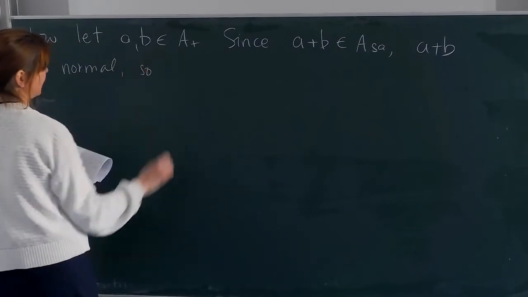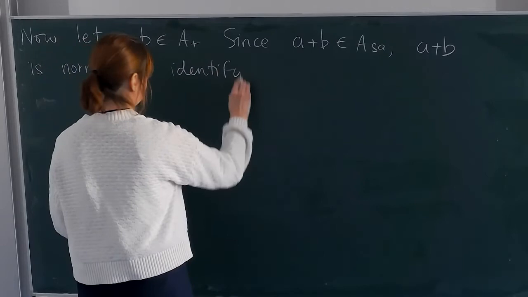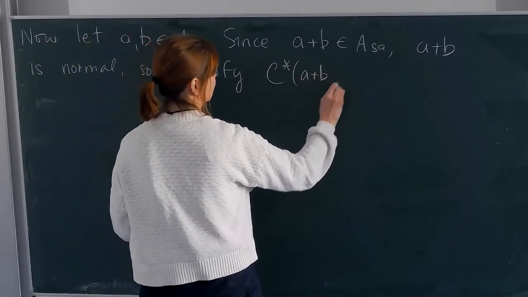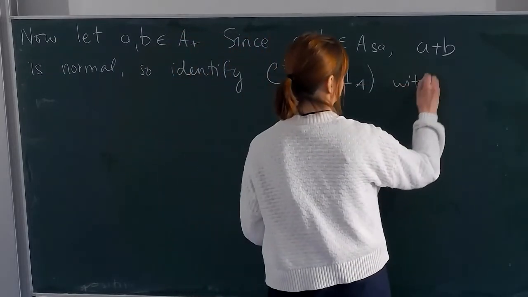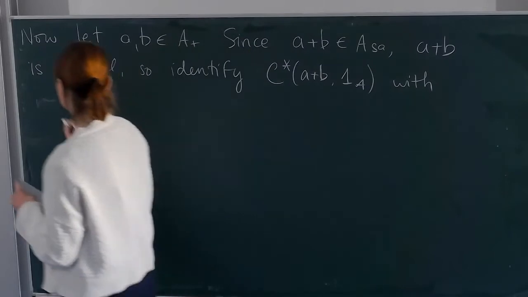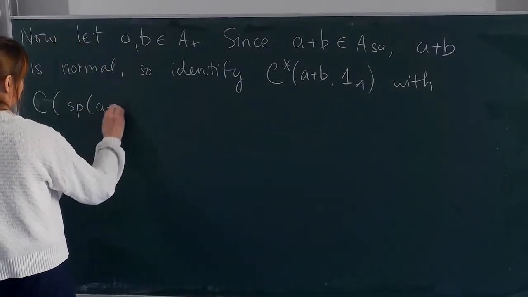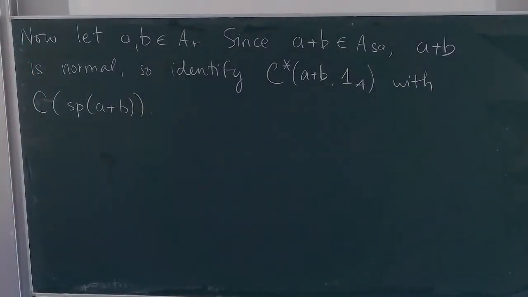So we can identify the C-star algebra generated by A plus B and 1 with continuous functions on the spectrum, which is now a nice commutative C-star algebra.